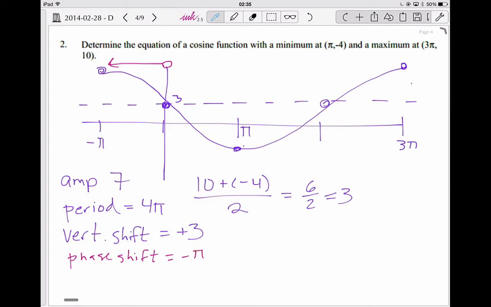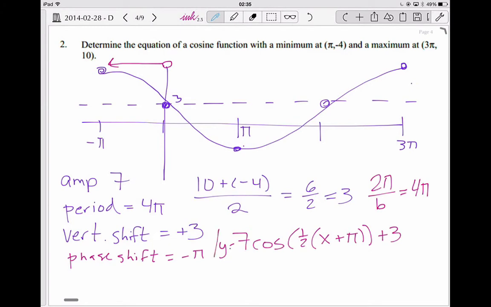In that case, my function would be 7 times the cosine of 1/2 of x, and the reason I got 1/2 is that I know 2 pi, the normal period, divided by whatever that number is, has to give me my new period, which is 4 pi. So that's how I know that it's 1/2. And to shift to the left pi, I must have plus pi. And to shift up 3, I have plus 3. So there's one equation that describes that.